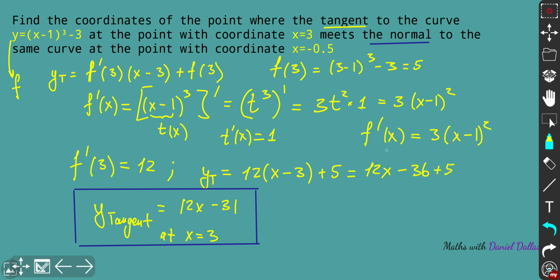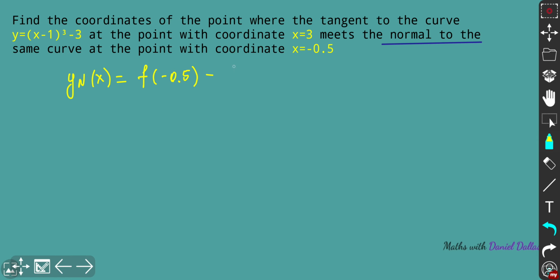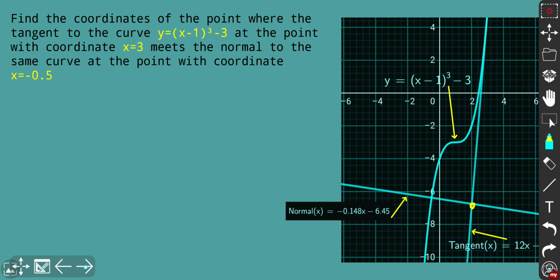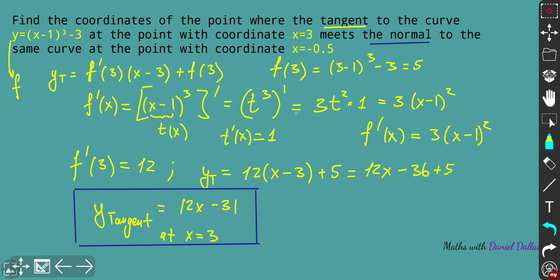Before, we calculated that the gradient of the line is f prime, however at a different point. So we need to flip over the derivative. We found it in a general way. So that's the equation for the derivative in general: 3(x minus 1) squared, so f prime of x.